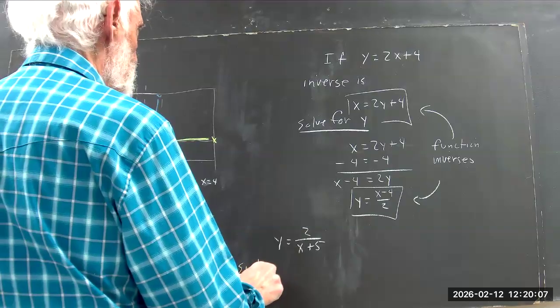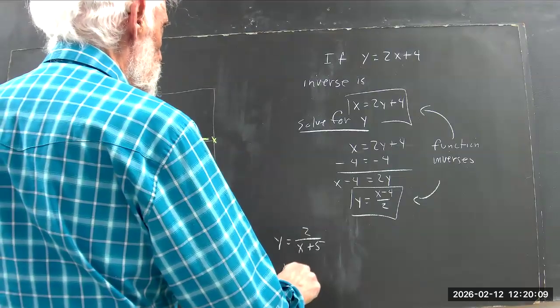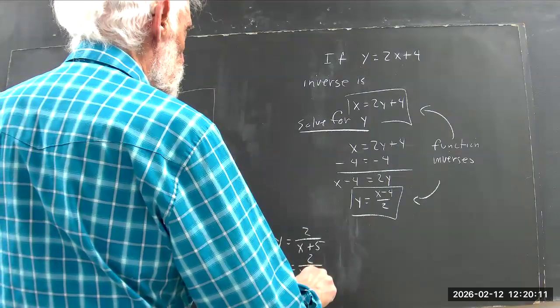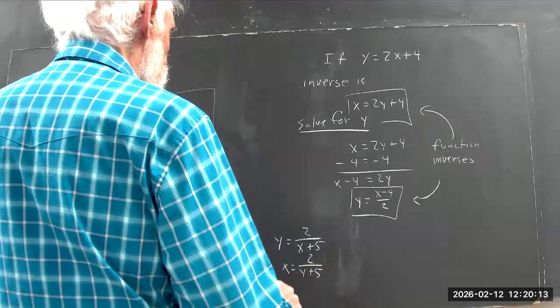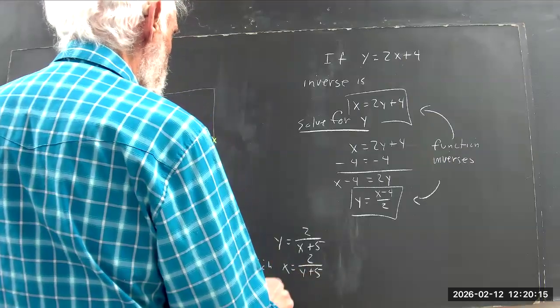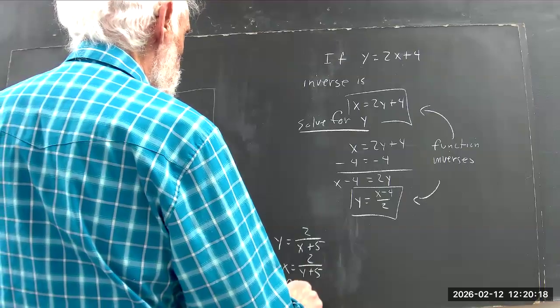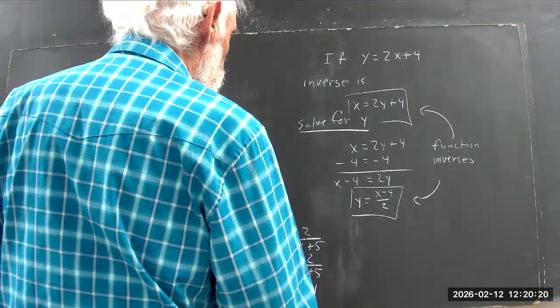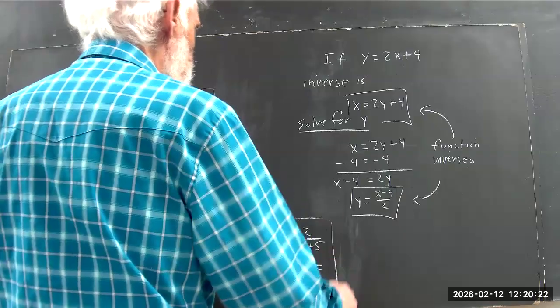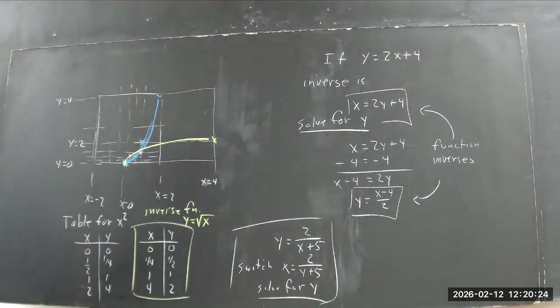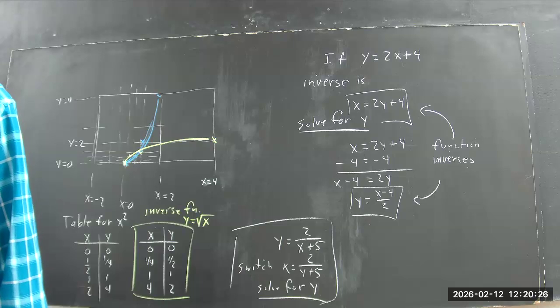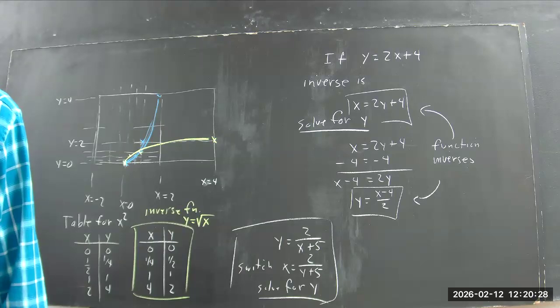Switch, and you get x equals 2 over y plus 5. And you got to solve this for y. And that gets a little more complicated, but you might see that in set 8.